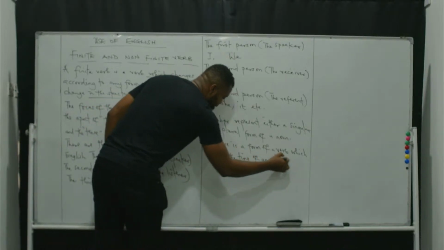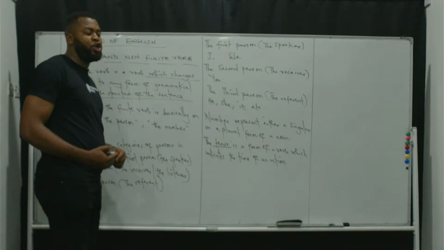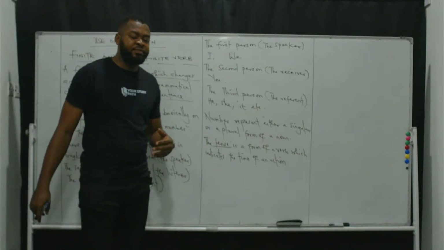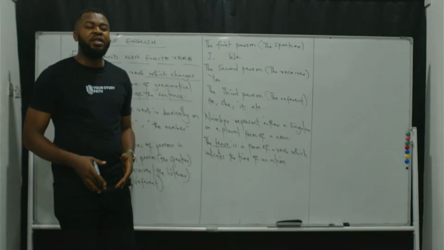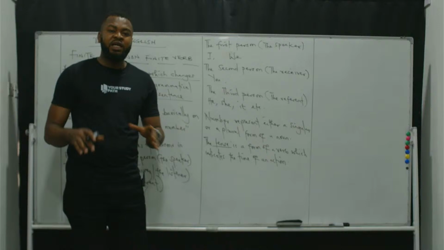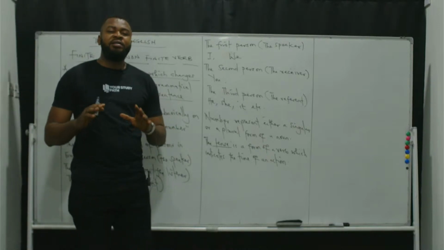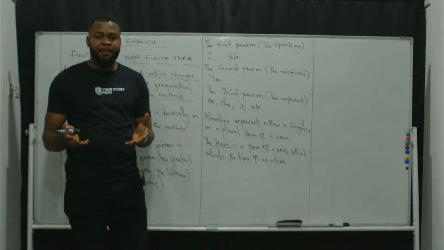Now let me explain this. When you're talking about the tense in the English language, all you're trying to say is at what time did a particular action occur? Do you understand? At what time did a particular action happen? Okay, so you're trying to evaluate the time at which it occurred.